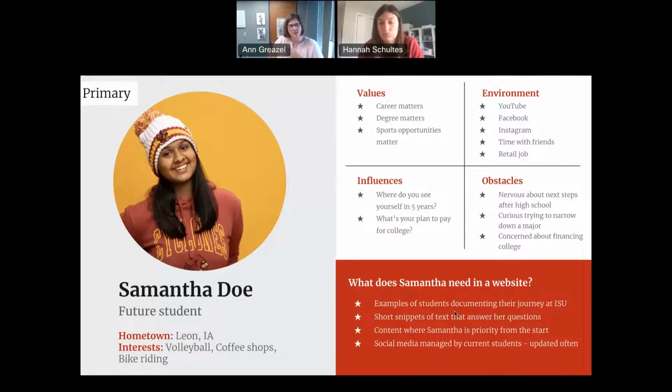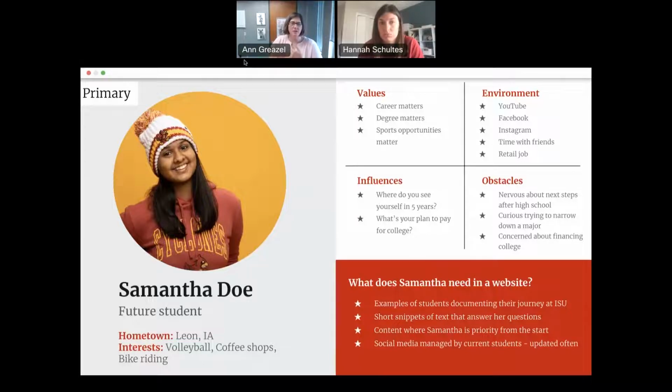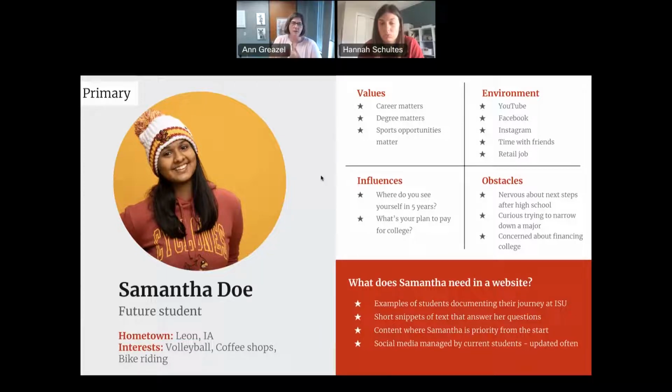Also, she wants short snippets of text that help to answer her questions. She has these questions about trying to figure out a career path and how she goes about that, or how she's going to plan to pay for college, and she needs to be able to find those answers quickly.